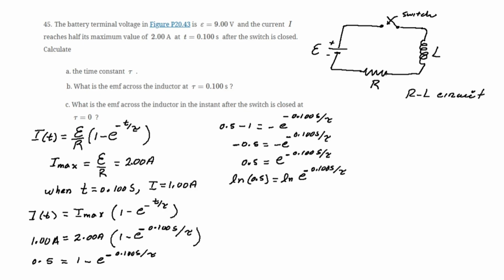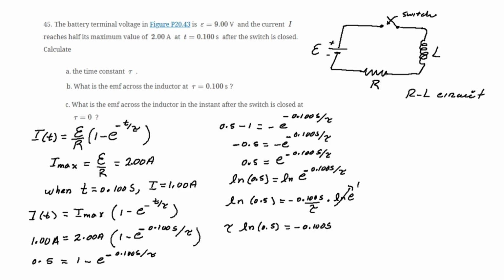So using the property of logarithms, the natural logarithm of 0.5 is equal to negative 0.100 seconds over tau times the natural logarithm of e, which is 1. Solving for tau, tau times the natural logarithm of 0.5 is equal to negative 0.100 seconds.